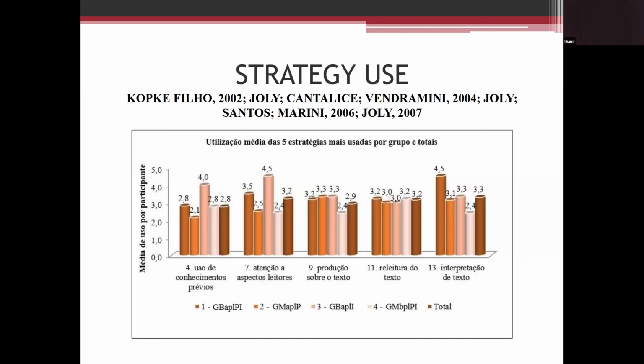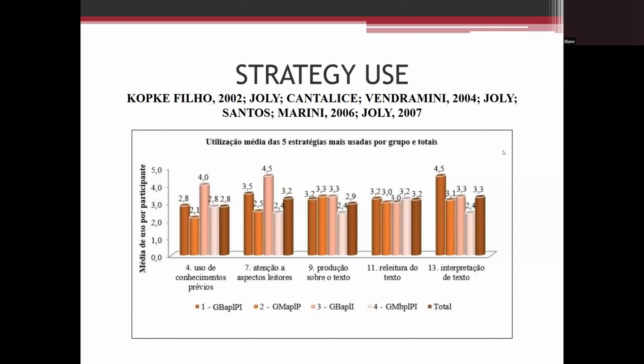And for statistical work, we have grouped them into 13 categories. So here we can see the main ones, the most used ones. And so we can see some similar results in terms of reading strategies, with some correlations, especially to attention to reading aspects. That is the second part.